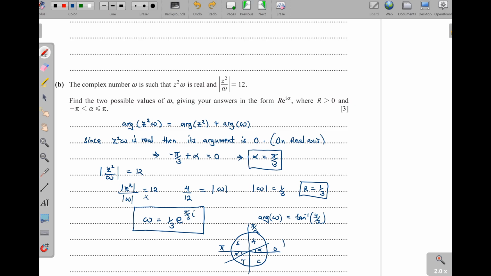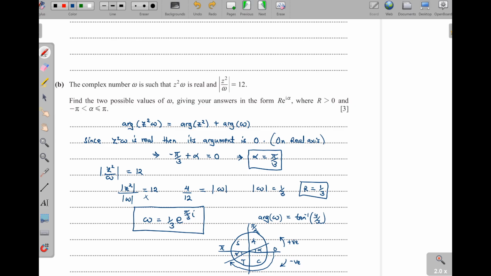But when we go clockwise, the angles are negative. So instead of going anti-clockwise such that your angle is beyond 180, you instead go clockwise. You see that? So we are going to go clockwise up to here. When you go clockwise, the angles are negative.